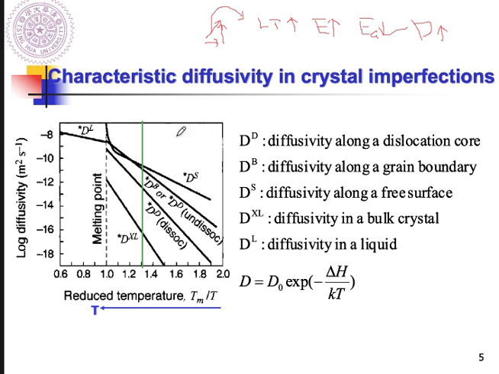This explains why the undissociated DD has a higher diffusivity than the dissociated one.